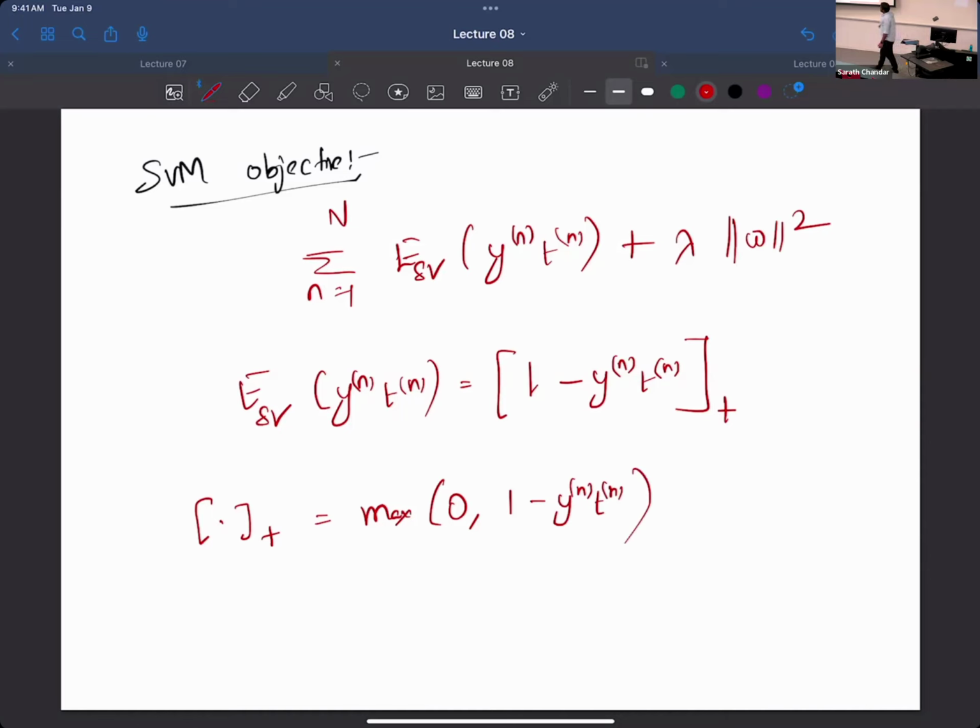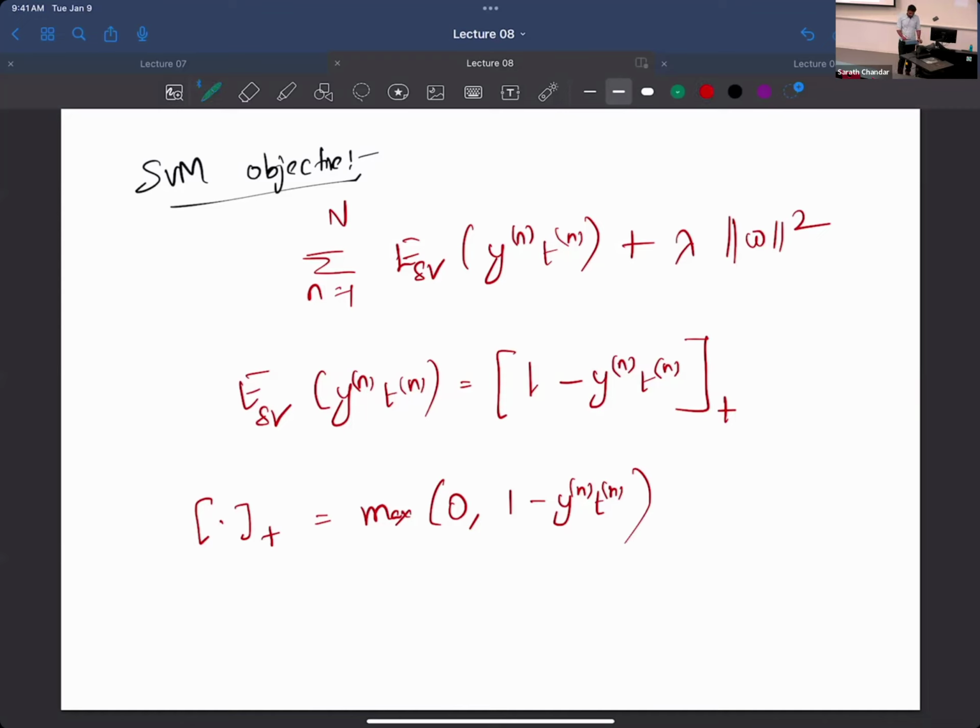So this error function is going to be 0 whenever this is negative, and whenever it is positive, it is 1 minus y of n t of n. When things are correctly classified, this is going to be 0 or negative, so the error is 0; otherwise you have the error function.